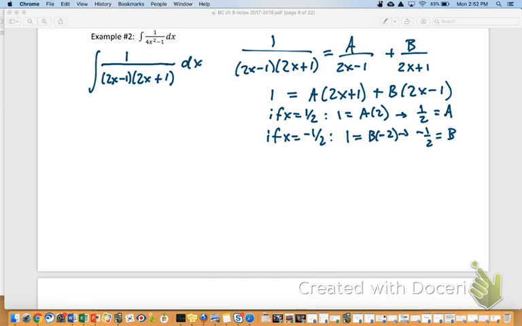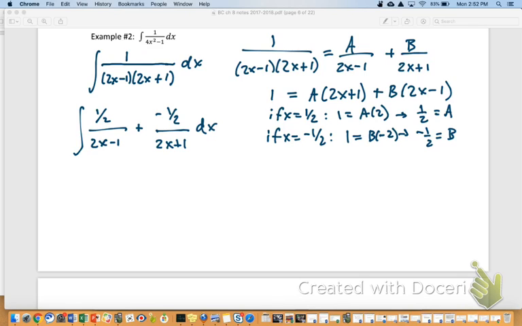Okay, so I'm going to come back over here and rewrite this as the antiderivative of, this is where we should start agreeing, 1/2 over 2x minus 1 plus negative 1/2 over 2x plus 1. At this stage we should fully agree, just because our A's and B's are switched.